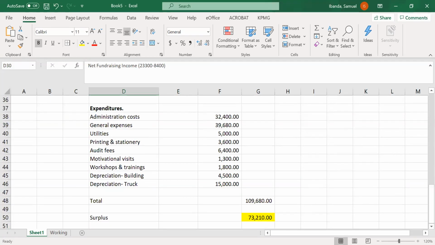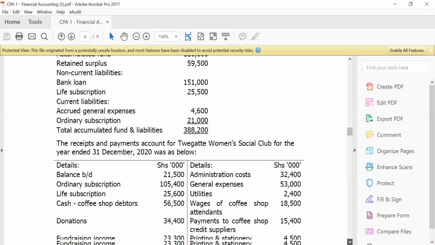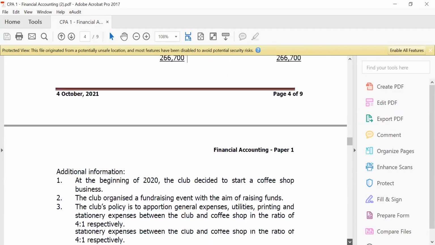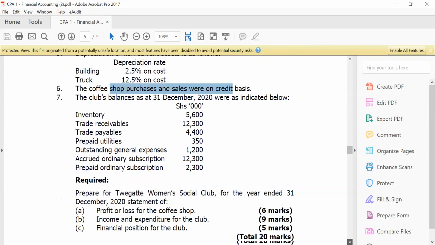Now, the question asked us to draw up income and expenditure, and also asked us to draw up our balance sheet, which is the statement of financial position.